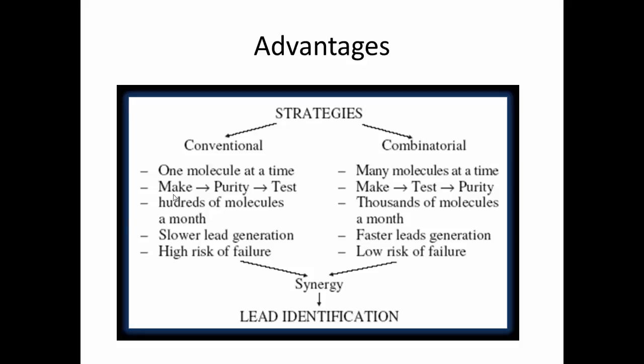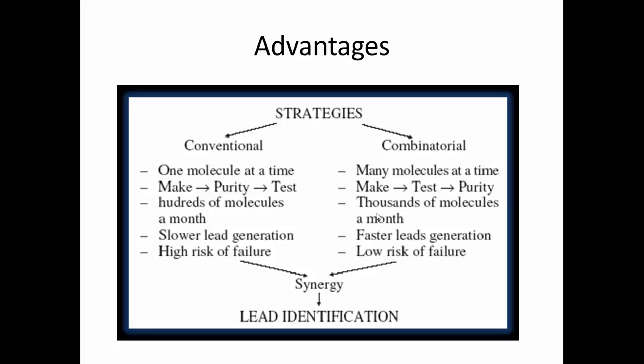So then, in the conventional strategy, we purify the hopefully drug compound to purity, then we test. In the combinatorial strategy, we make a bunch of molecules. We test that bunch of molecules, that mixture of molecules. We find the activity, then we purify from that mixture the active one. We can look at hundreds of molecules in maybe a month in the conventional strategy.